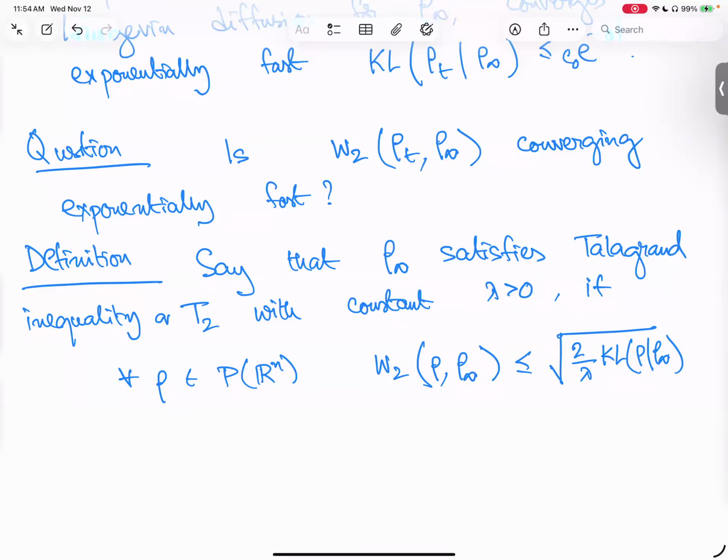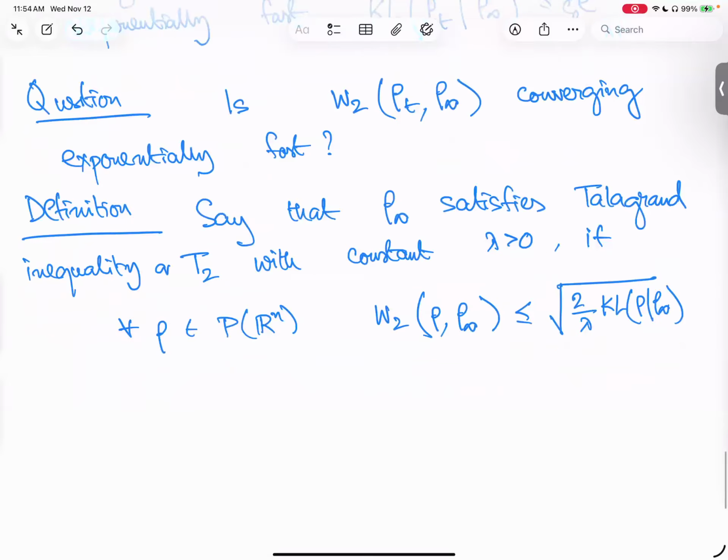Now the theorem that again you prove by using optimal transport is that if your rho infinity is of the type e to the power minus v, where v is uniformly convex, then it does satisfy Talagrand inequality.